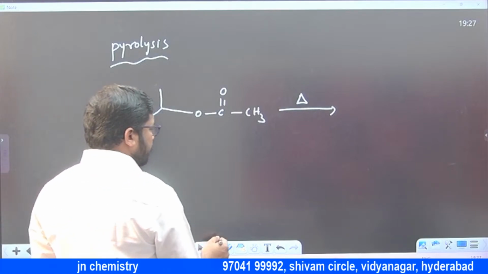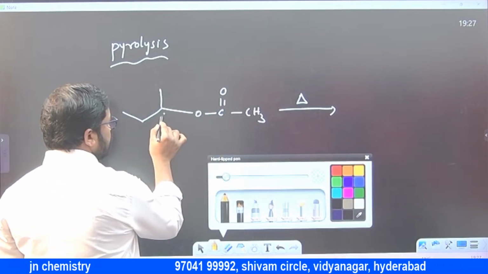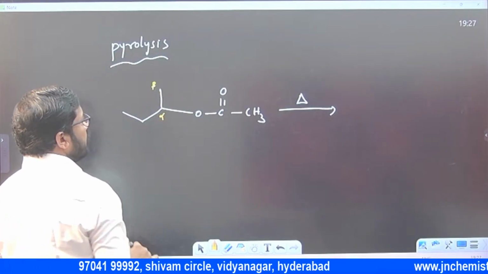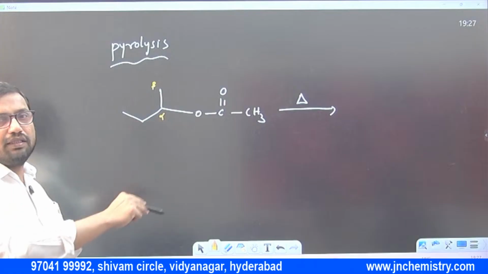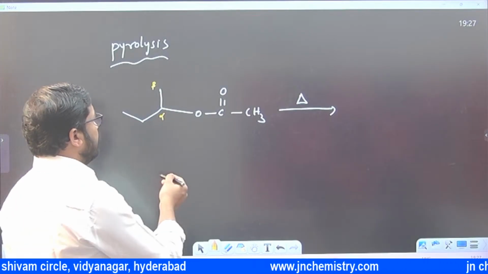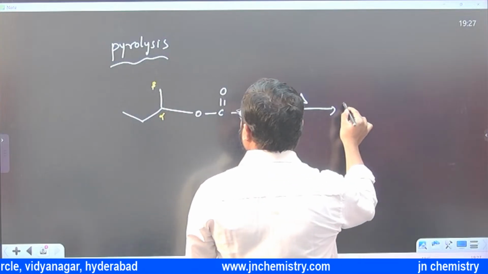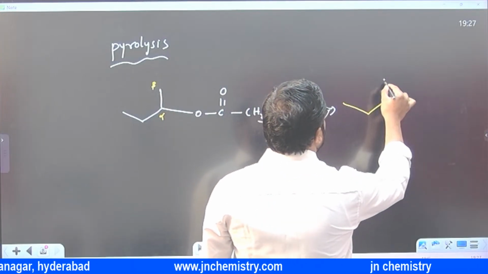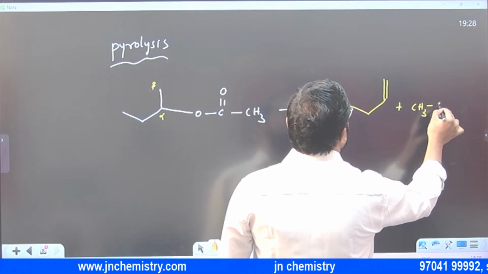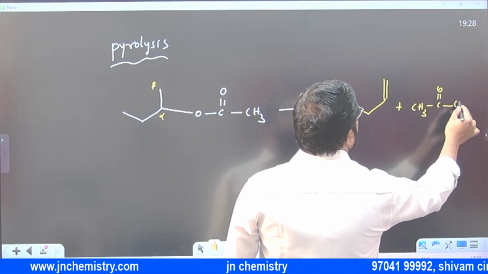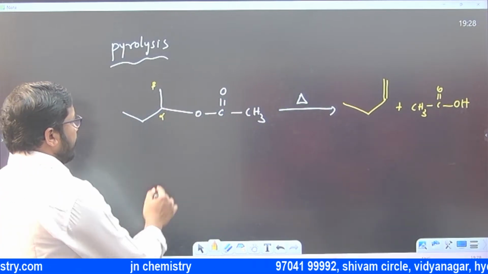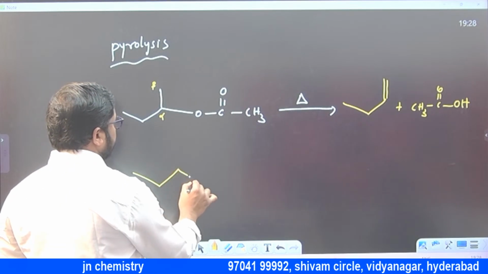Try to understand, beta hydrogen must be present. This is alpha, it is beta, right? Because in this case, Hoffman product type of alkenes are forming, means unstable alkenes. Particularly, first I'll tell the product. Like this product is forming plus CH3 C double bond O OH, carboxylic acid is forming. Means what? What exactly happens here?